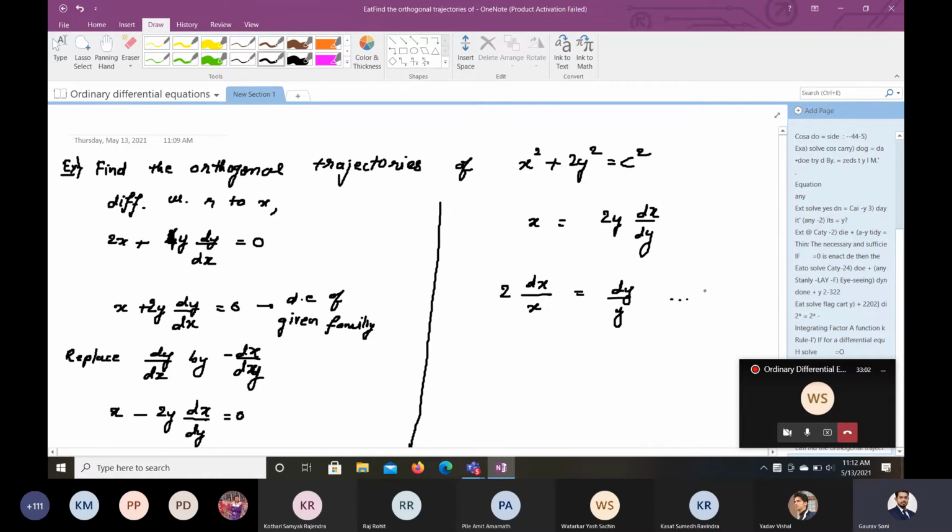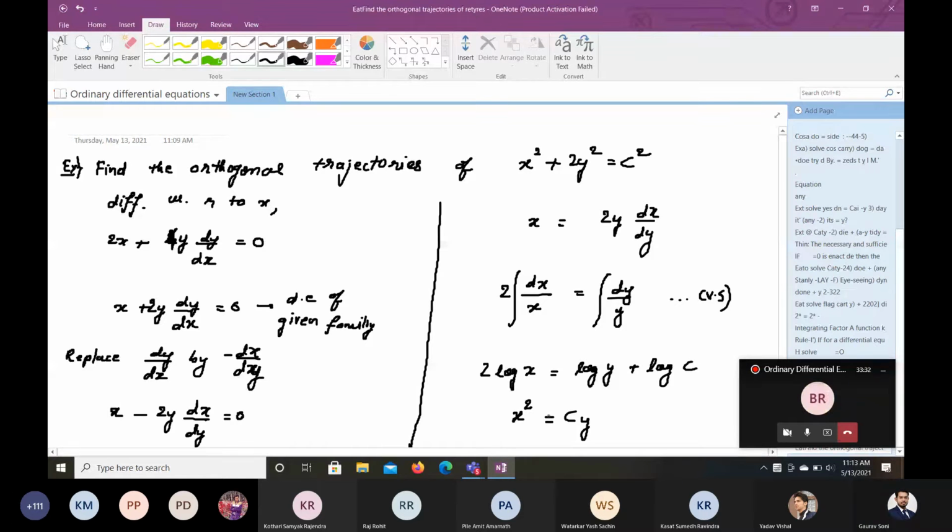Now this is variable separable form, so we'll integrate. So 2 log x is equal to log y plus, for simplification, I will write log c. So what we'll get? x square is equal to c into y. Sir, why, if two variables are in log form, do we also write the constant with log?